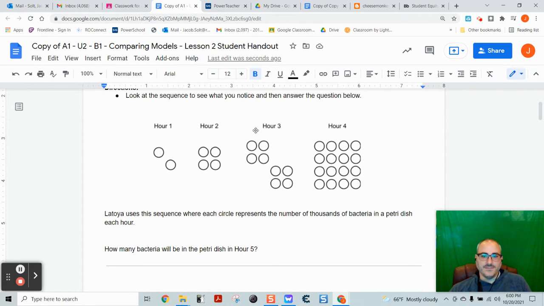In hour 4, I got 4 plus 4 plus 4 plus 4. Another way to count this would be 4 times 4, which is 16. So 16,000 bacteria now. How many bacteria will be in the petri dish in hour 5?